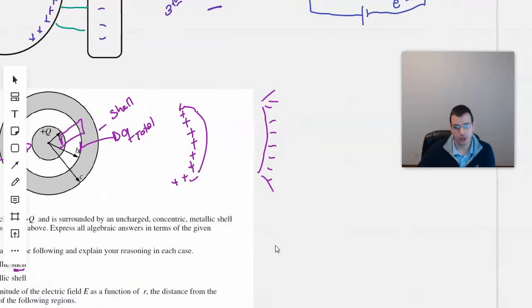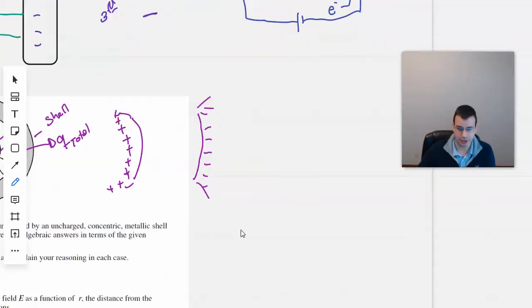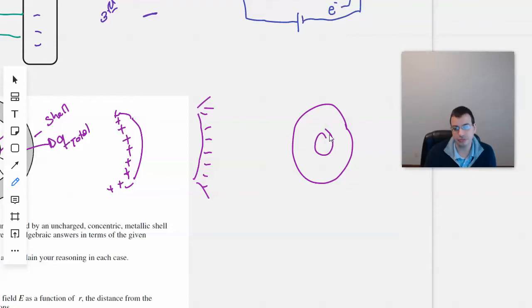Now, one thing we really haven't discussed much here is if you go back to, let's say we have a sphere of charges, and we look at, in its insulator uniform charge, we just have a ball of charge.